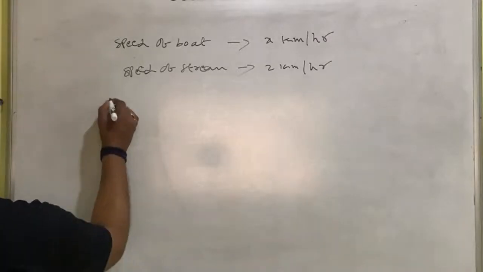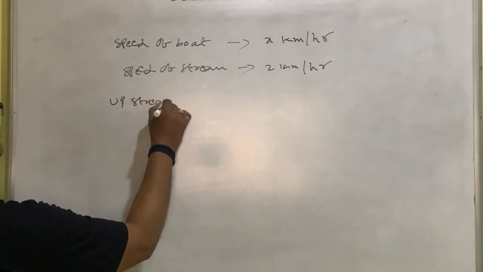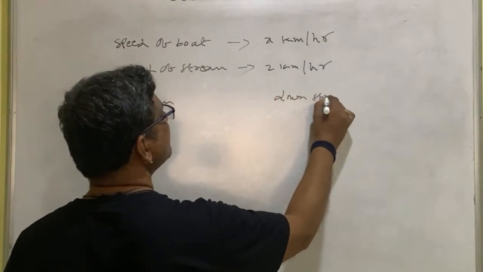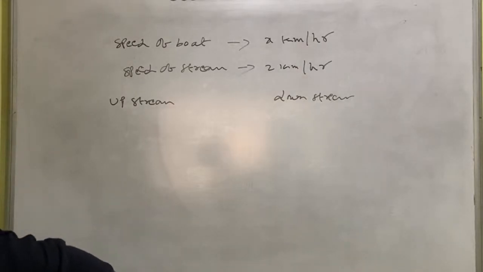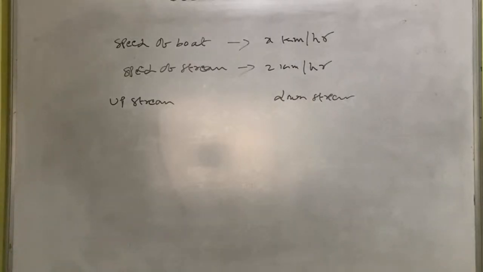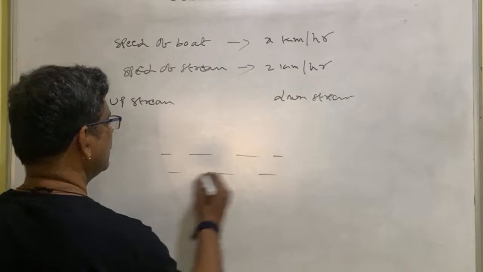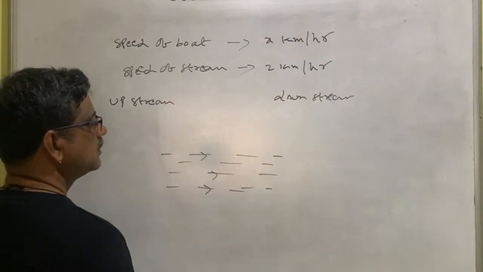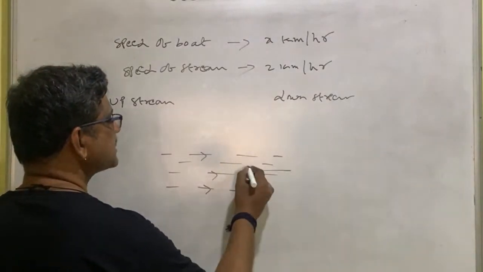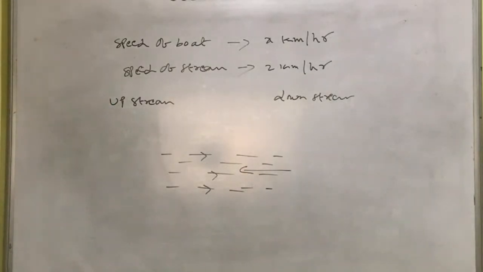Now, upstream and downstream. There are two concepts. Upstream means going opposite to the stream. Suppose water is flowing in this direction and a boat is coming in this direction. It is called upstream, opposite to the flow of stream.